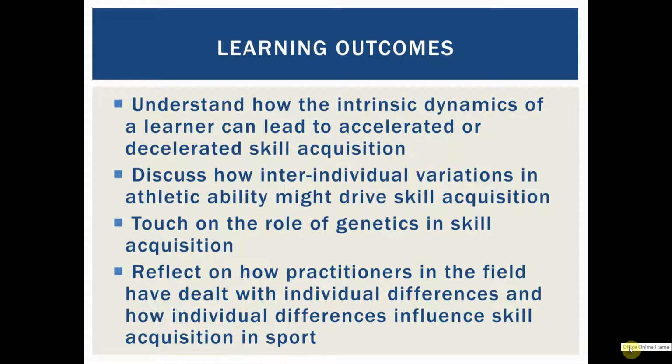We're going to touch on the role of genetics in skill acquisition just briefly, because genetics explain a large proportion of the inter-individual differences, especially at a young age. And then finally, we're going to look at how practitioners have already dealt with individual differences in skill acquisition.